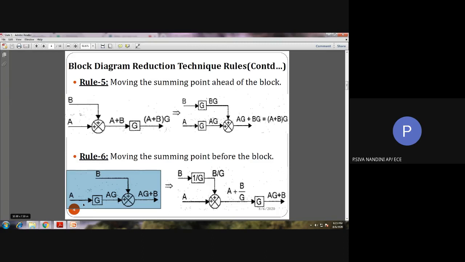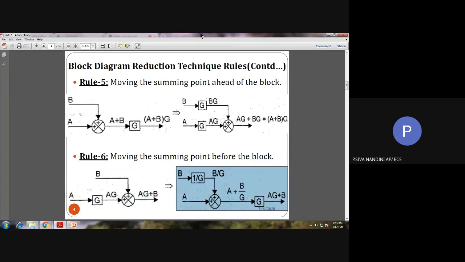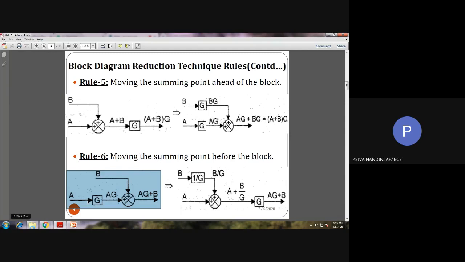So if you are doing so, what we shall do, we shall see. While moving this summing point before G, this G will be included in both the inputs A and B. But here this G is included only in A, not in B. So what do we have to do?